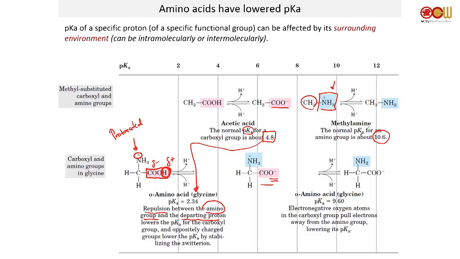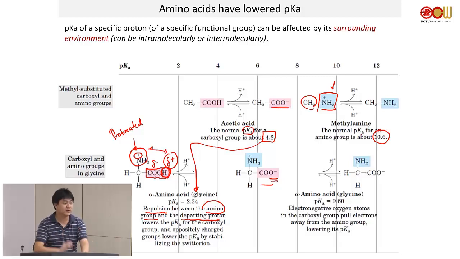So in a way, you have repulsion going on, because this is partial positive and this is positive. So it's going to push away the proton. That's the first effect. Because you have the protonated amino group right there, you want to push the proton away. So that lowers the pKa, because the lower the pKa, the easier it is to take the proton. That's the first effect.